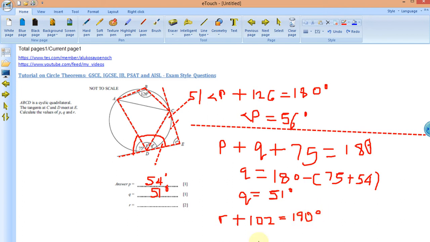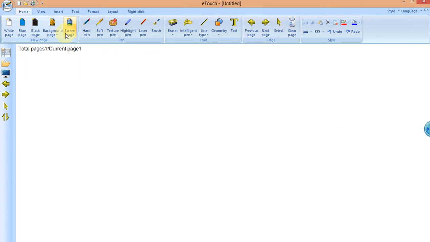So then R will be 180 minus 102, and that is 78 degrees. So R is 78 degrees. So this place is 78 degrees. Okay, guys, that's super cool. Let me just clear the page and go for the next question.